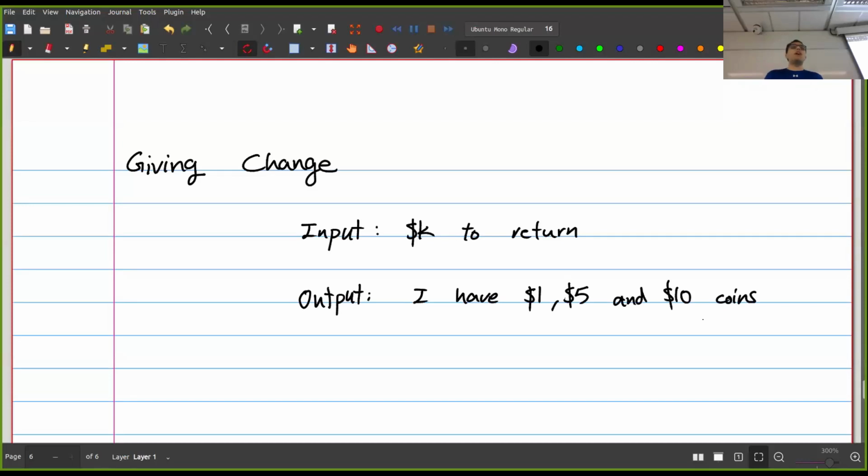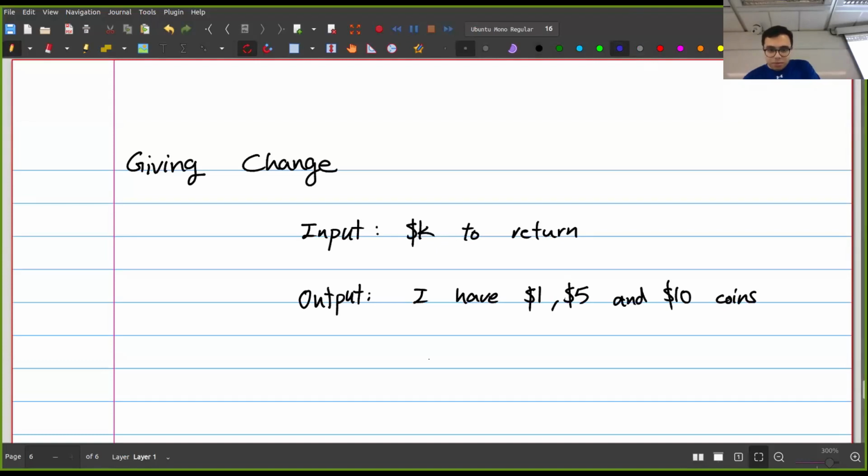So in the output, I want you to give exactly K dollars, but I want you to use the minimum possible number of coins because people don't like to get a lot of coins, right? So if I'm just going to return $10, I would return one $10 coin. I wouldn't give them 10 $1 coins, right?